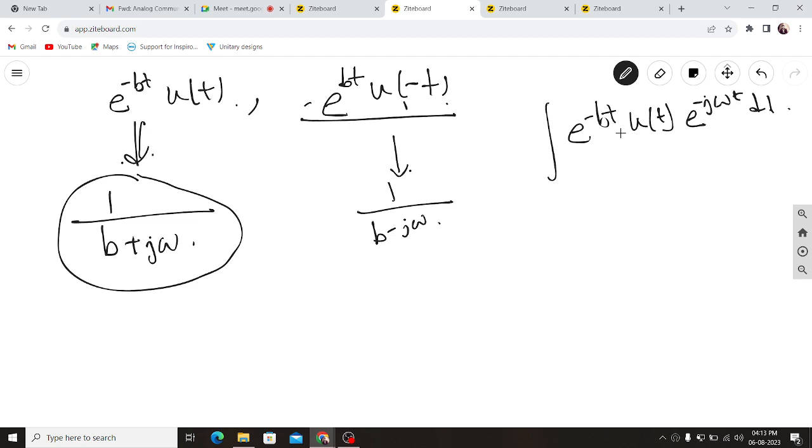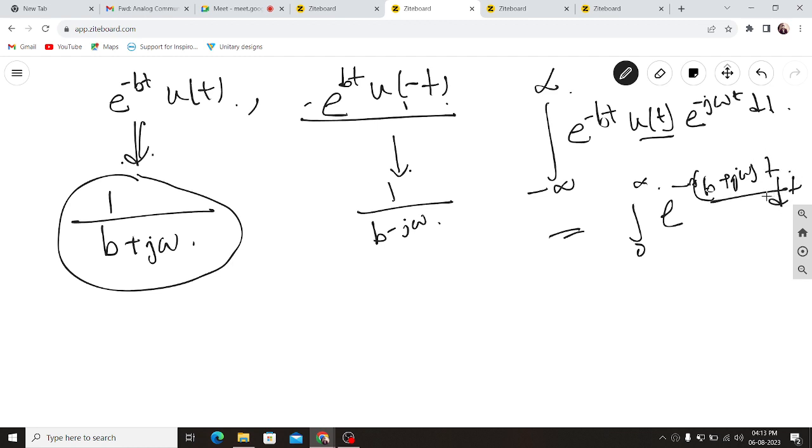The integral from minus infinity to infinity will only be limited to 0 to infinity, as the u(t) function will make the rest disappear, and it will be e to the power minus (b plus j omega) t dt.